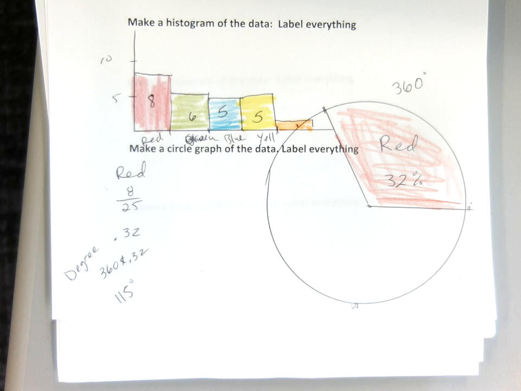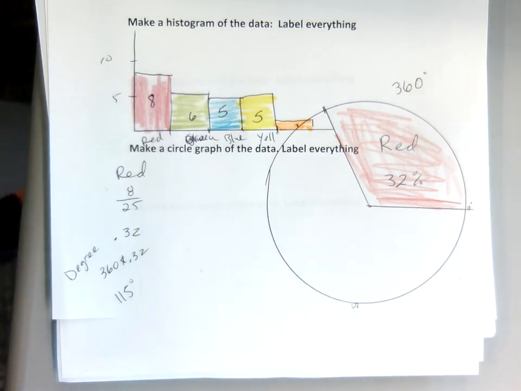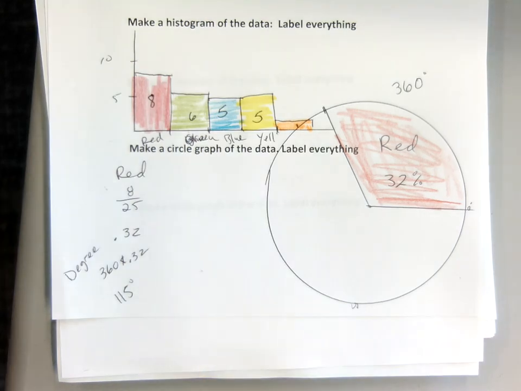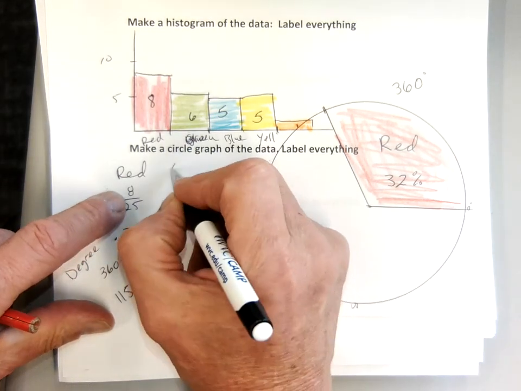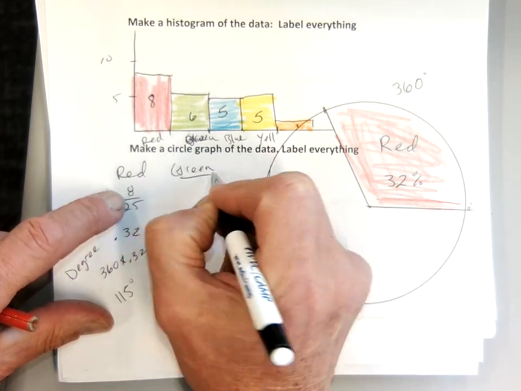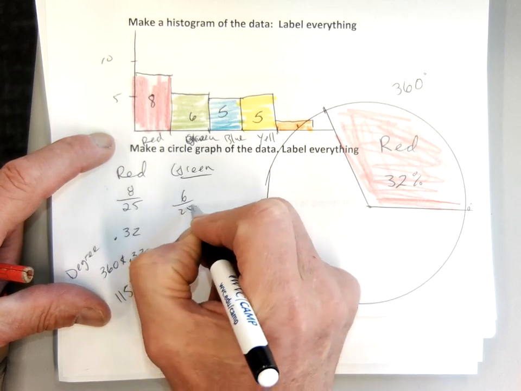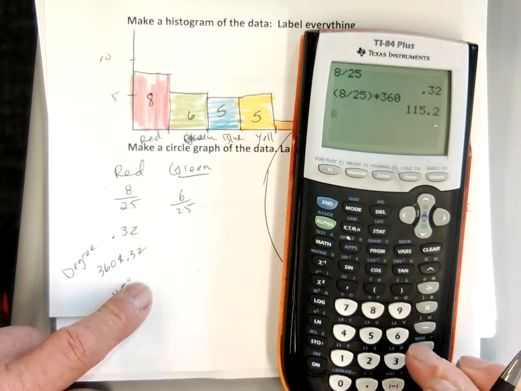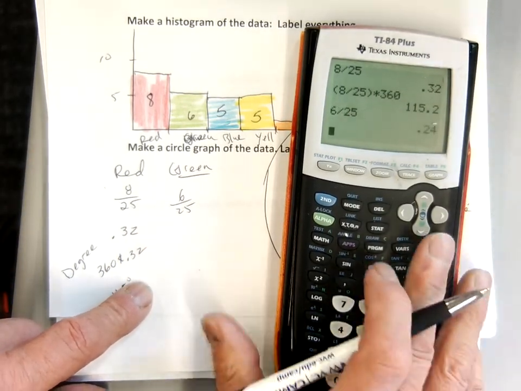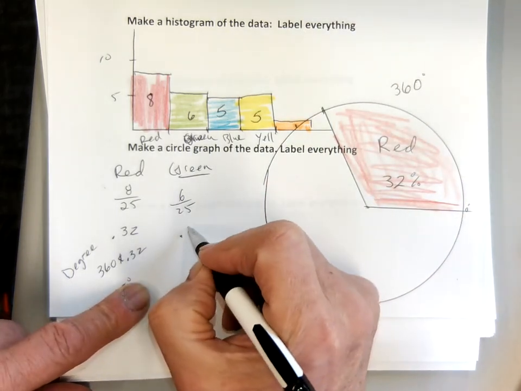Now here comes the tricky part that you won't miss because you're so smart. Then I'm going to look at green. Green is 6 out of 25. So 6 divided by 25 is 0.24.